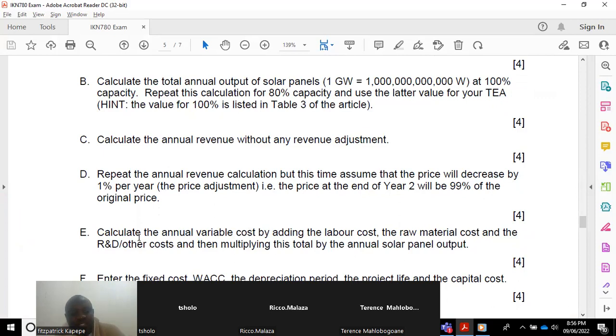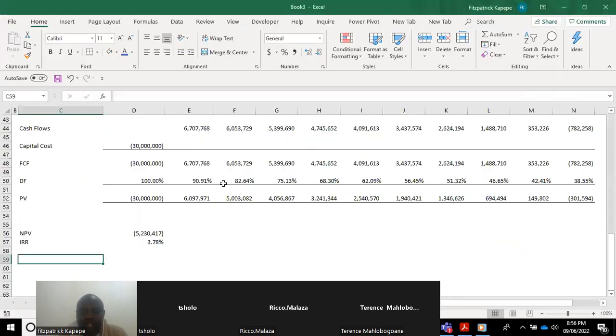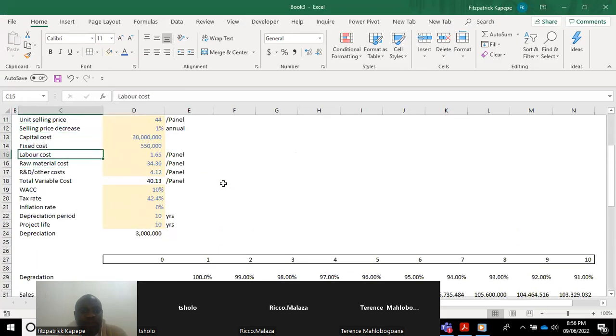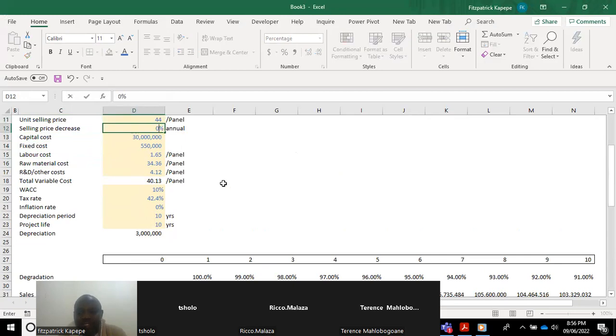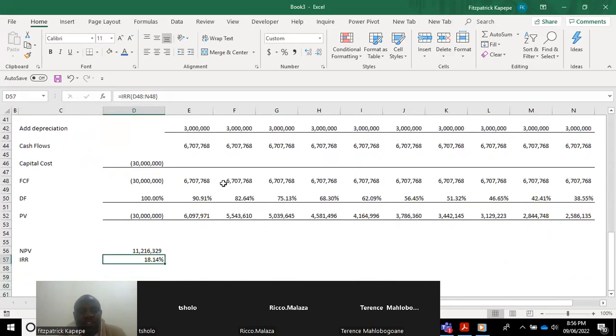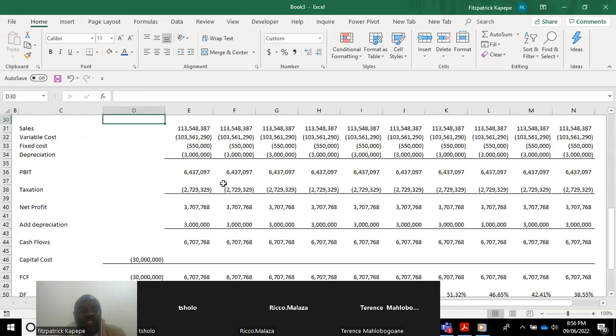So the first one, obviously, they expected that you're going to have it at 100%, meaning no selling price decrease, it would have been like this. And it would have given you your NPV, which is positive, and the internal rate of return of 18.14%. That was the first scenario.